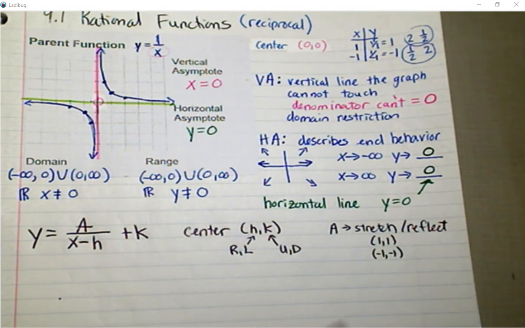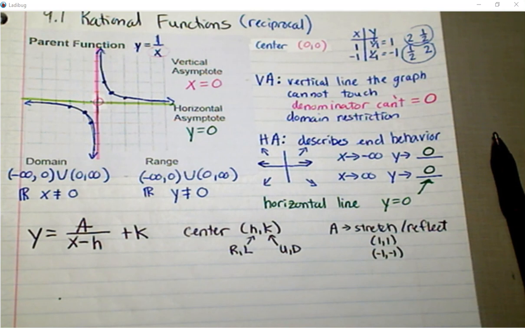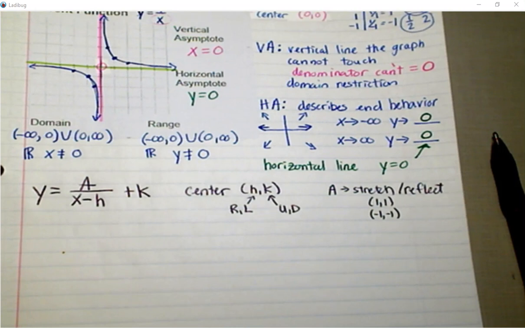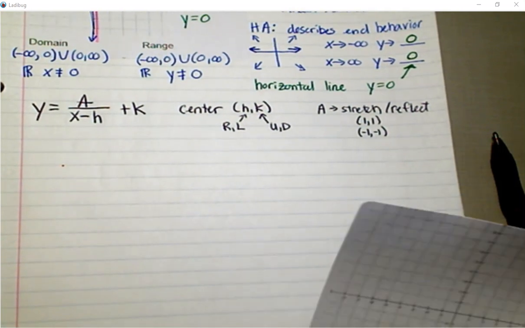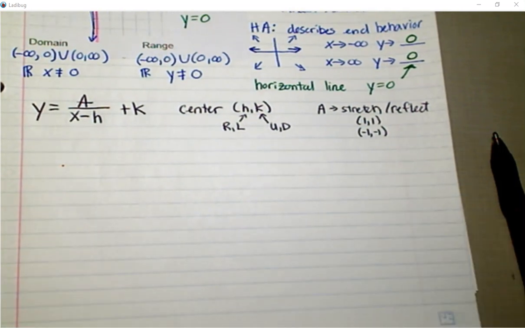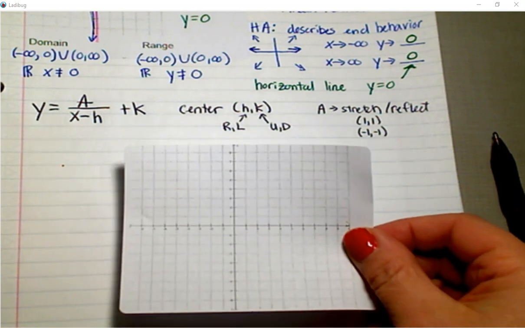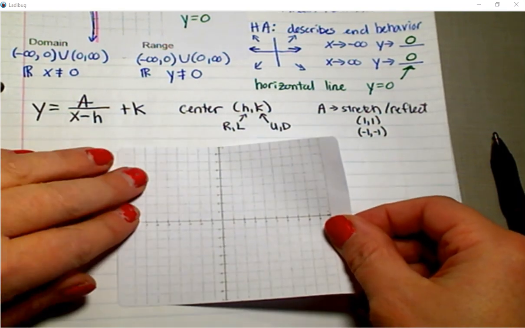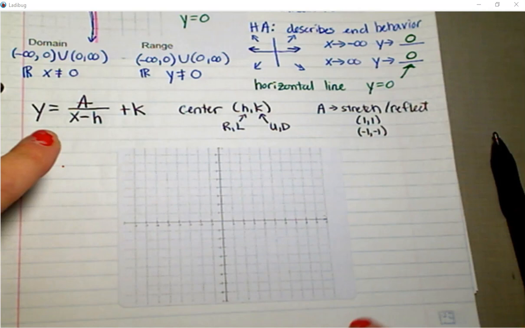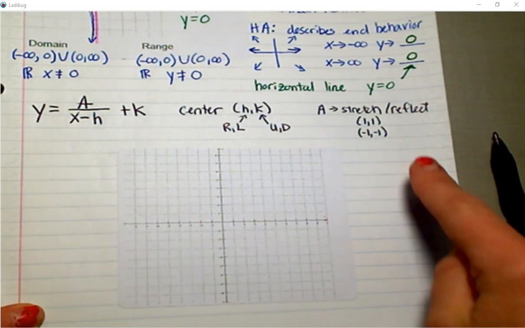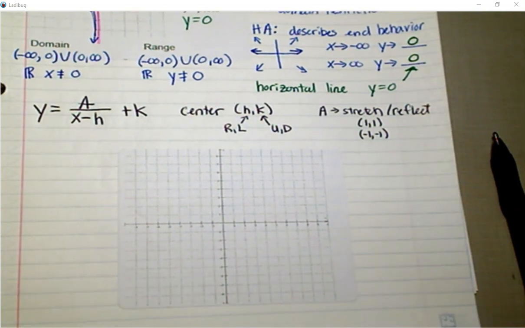Okay, here goes our first example. We're going to put our sticker in, and I'm actually just going to put it in the middle. I'm going to try to do an example on this side and an example on this side, and I'm going to use different colors so that you can tell the difference between them.